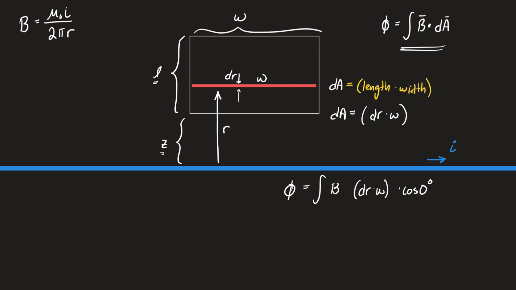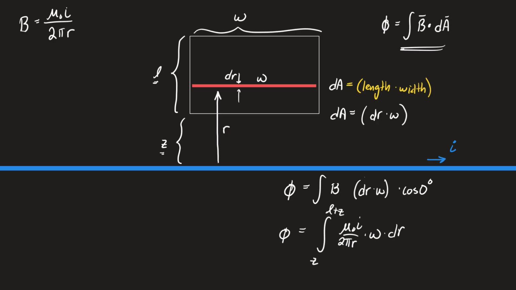That leaves just one more thing to do, and that is replace the magnetic field with something that has to do with the actual produced magnetic field from my current carrying wire. So I will rewrite the flux as the integral of mu naught I over 2 pi r times W times dr. Now I want to get the full magnetic flux through the rectangle, so I need to start at a location Z away from the current carrying wire and go to a distance L plus Z away from the current carrying wire.